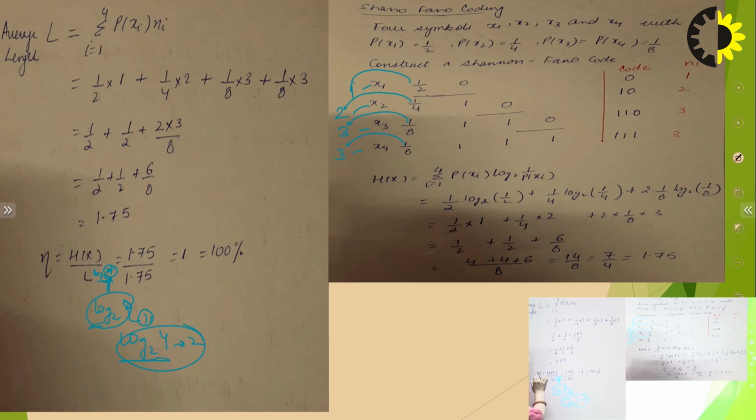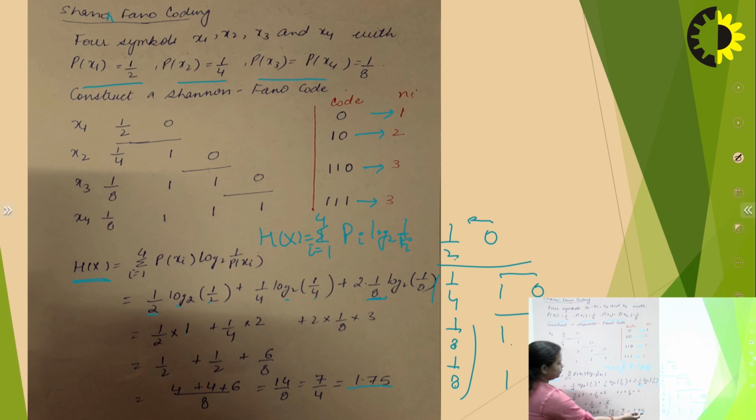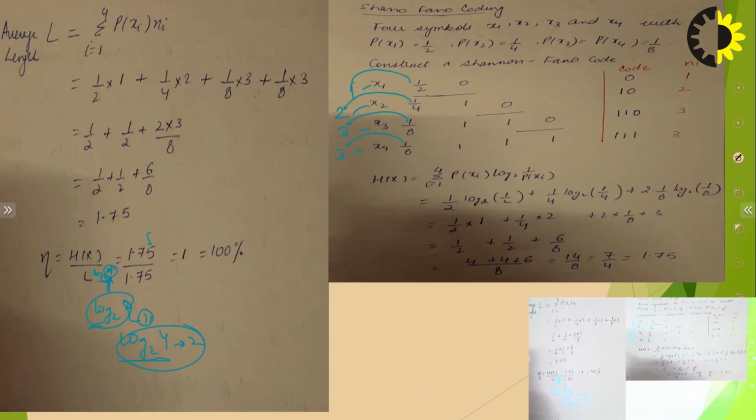So just write down eta is equal to Hx upon L, and then just divide. Hx is 1.75, we just got this previously. L also you got 1.75. So efficiency is what? 1 or 100%.